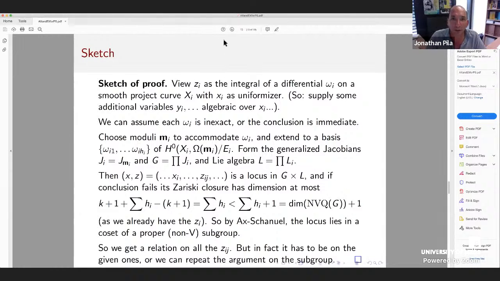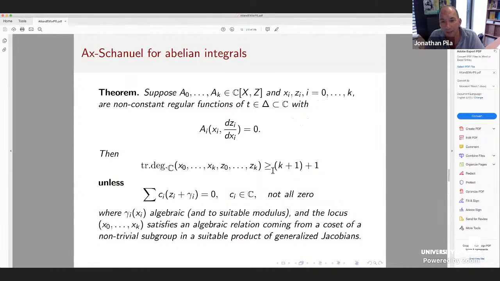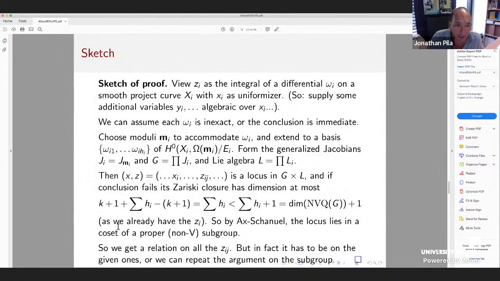And if the conclusion of the theorem fails, if the transcendence degree is at most k+1, then what happens is that you take your k+1 differentials, the omega i's, there are k+1 of those, you add in the rest of the basis, but you subtract the k+1 that you already have, of the omega i's.